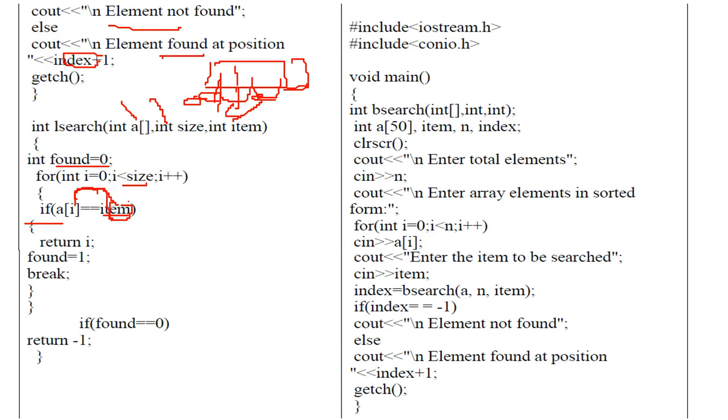If it equates, then we return i, and we say found equal to 1. If found equal to 1, this line will not execute, so we break. So we just return i, which is the index. If the whole loop goes on and the item is not found, we just say item not found and return -1. I hope you got the idea of linear search.